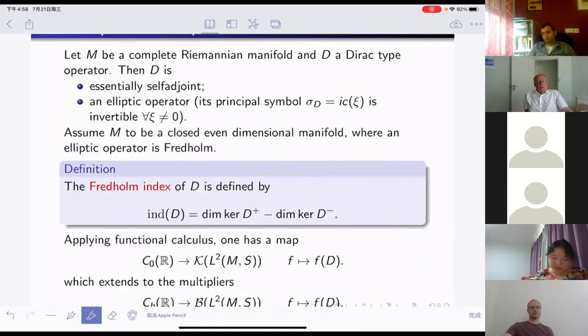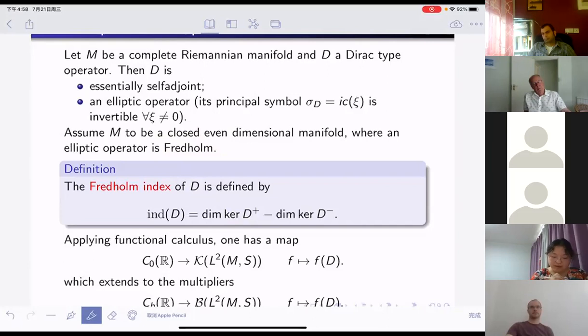Next, I'm going to define another thing called the K-theoretic index, which is an index living in K-theory. And I'm going to show that the K-theoretic index coincides with the Fredholm index.